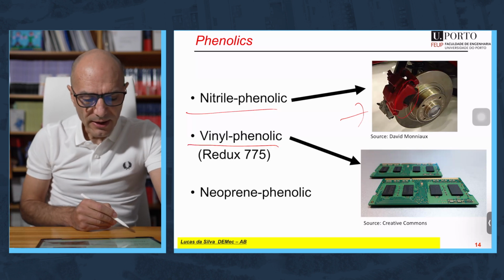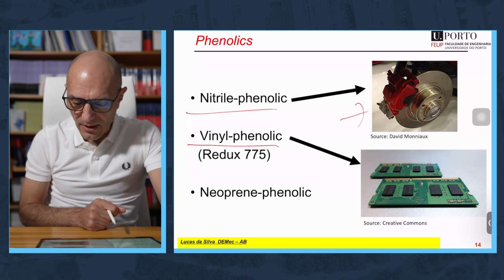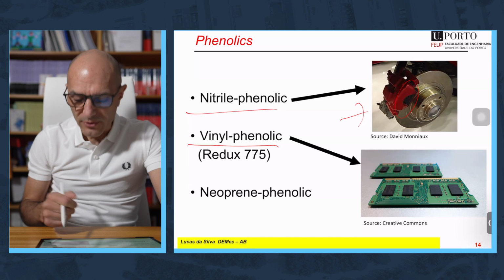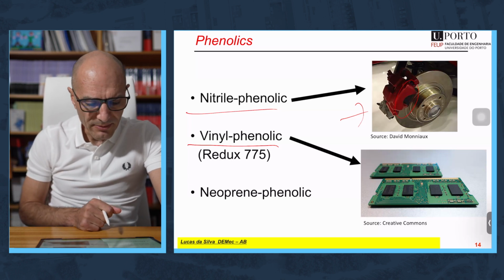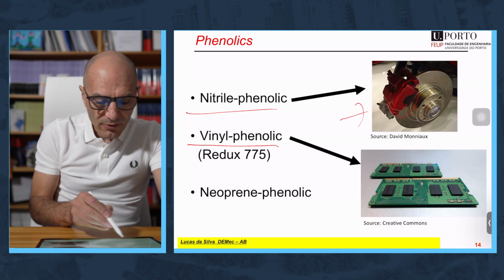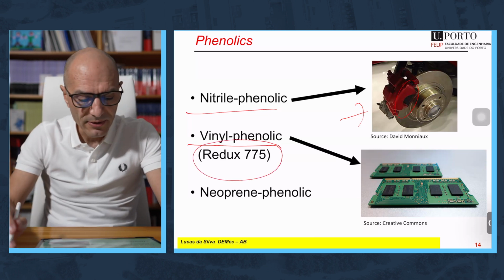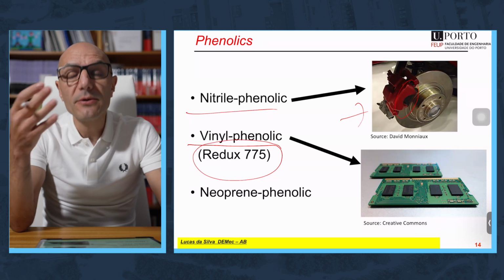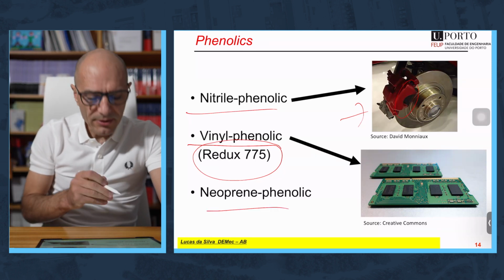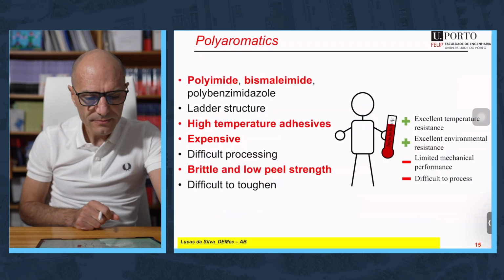Vinyl phenolic are, for example, also used in electronic industry for the printed circuit boards to bond the copper to the plastic laminate. By the way, Redux 775 is an historical adhesive. It's a vinyl phenolic, and that's one of the first adhesives used in the aeronautical industry. And another case of modification is neoprene phenolic.